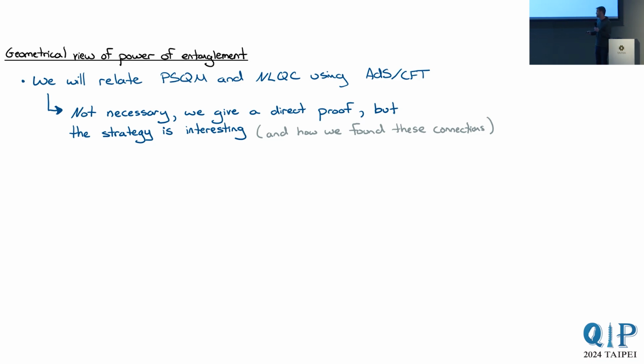In the paper, we barely mention it, and we just give a direct quantum information theory proof relating this PSQM and NLQC. But I wanted to talk about it here because the strategy is interesting, and it also happens to be true that in the course of this project, that is how we found the connection. So we knew what we were trying to prove because of this gravity perspective, and then we just proved it using quantum information theory tools.